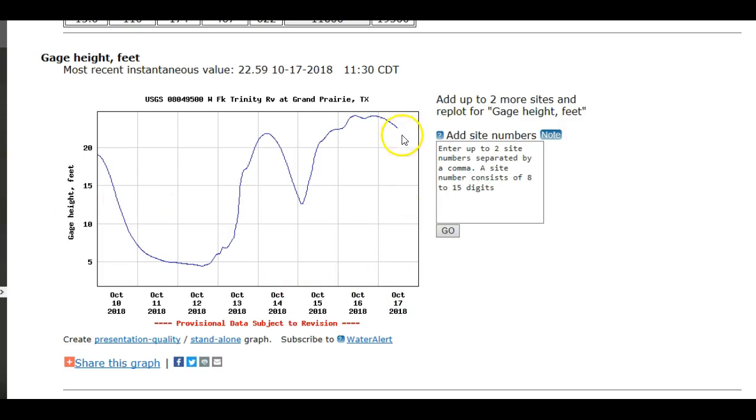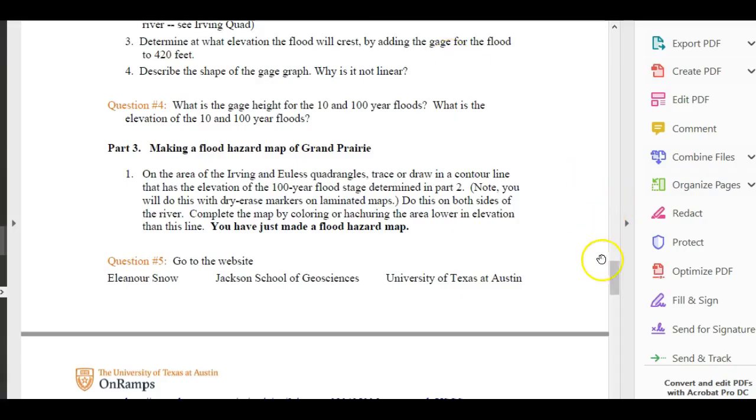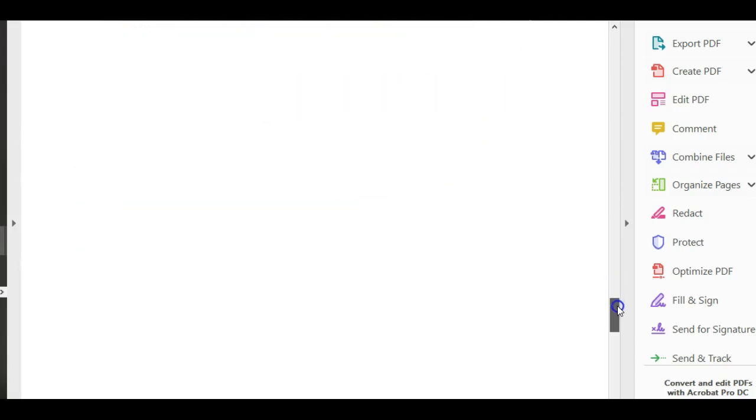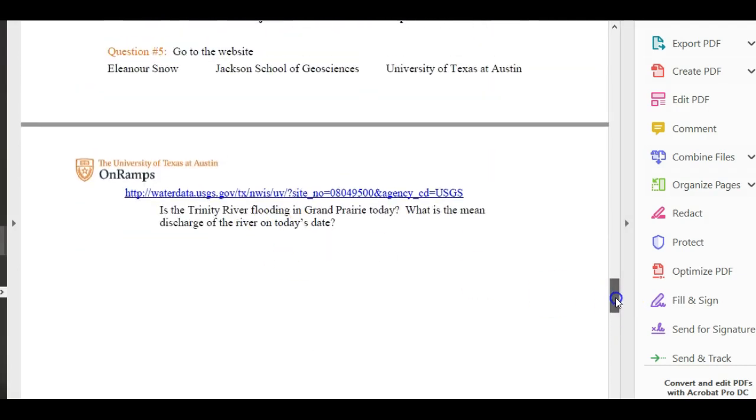Does the gauge height go near that number, yes or no? Because remember, gauge is the thing in the water that's going to measure the water. This is what's going to tell you if it's flooding.